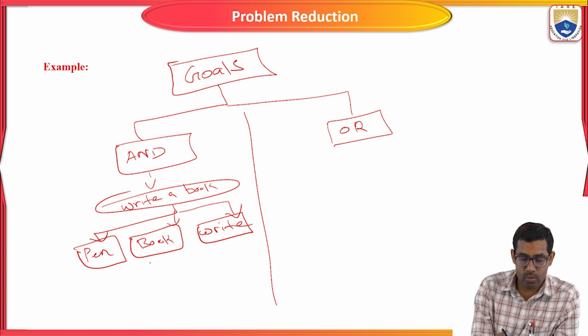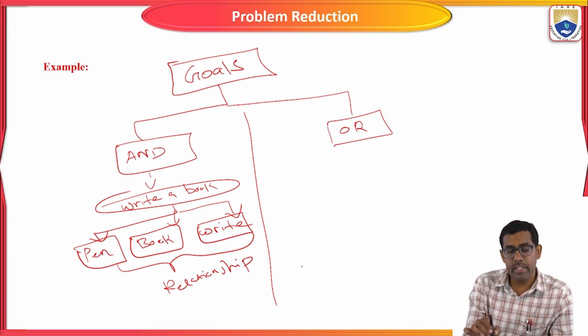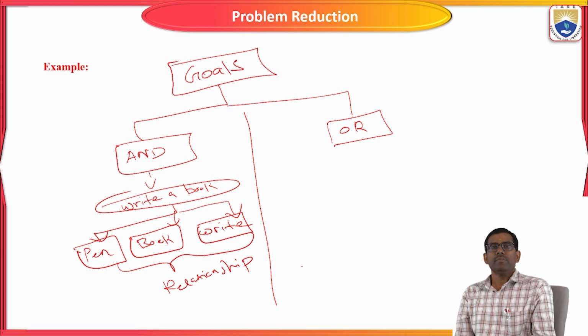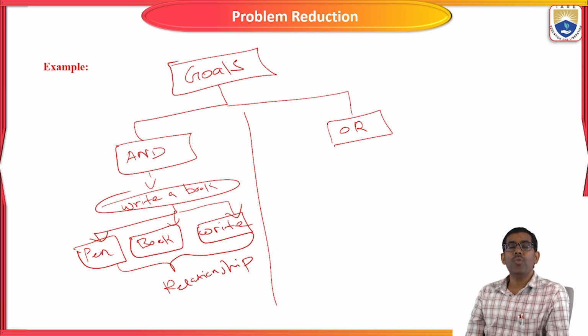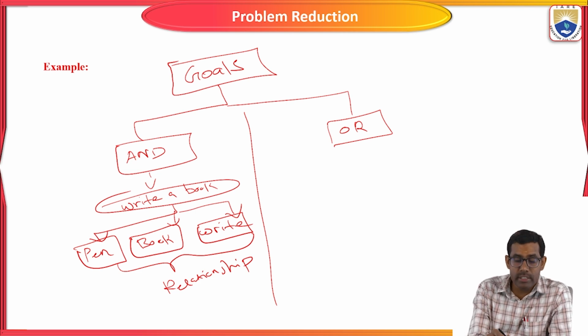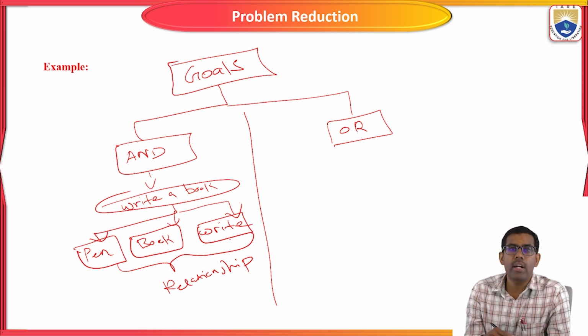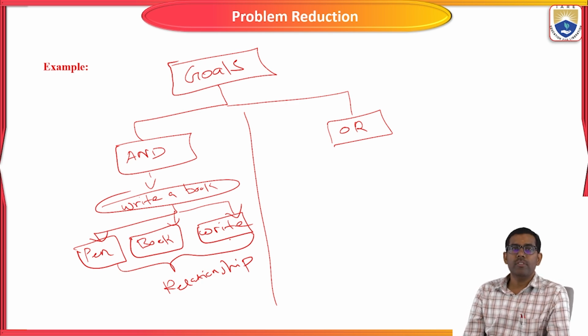Here we are going to show the relationship between all the details. If you want to write a book, you need these three components; without them you can't write a book, right? So what is the relation?